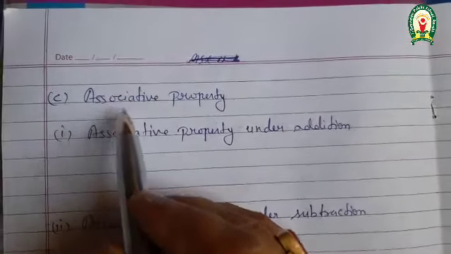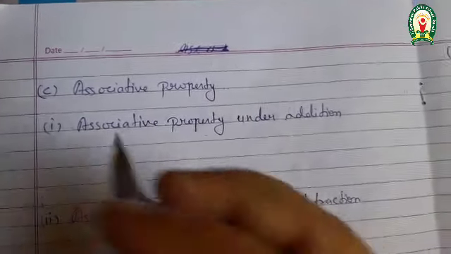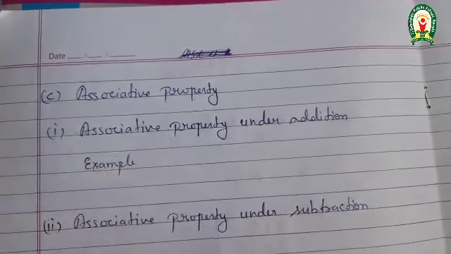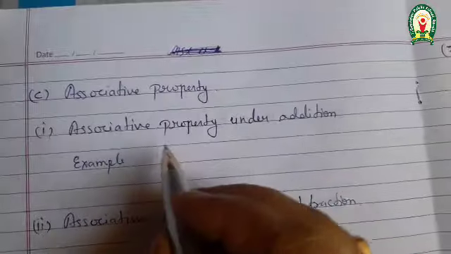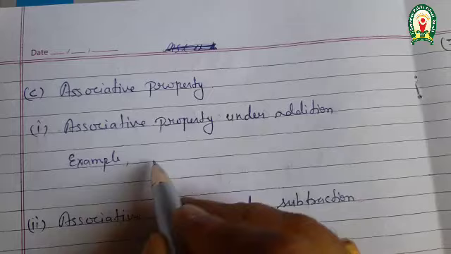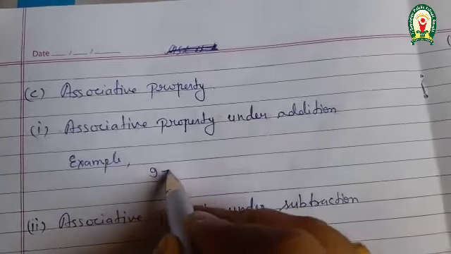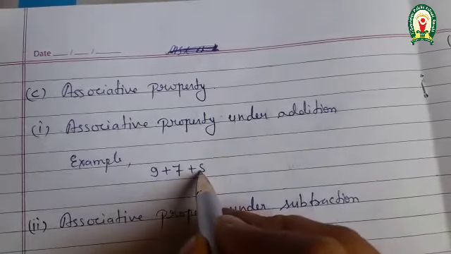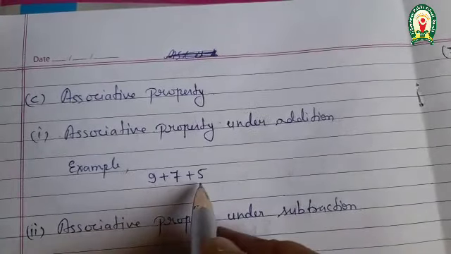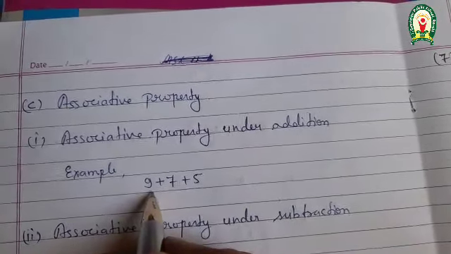Next is associative property. In associative property under addition, if we take any 3 whole numbers, suppose 9 plus 7 plus 5, and we are going to add these, first we have to take a pair.